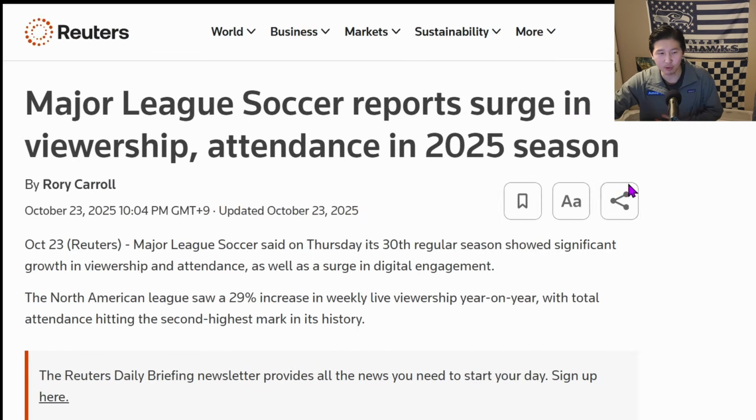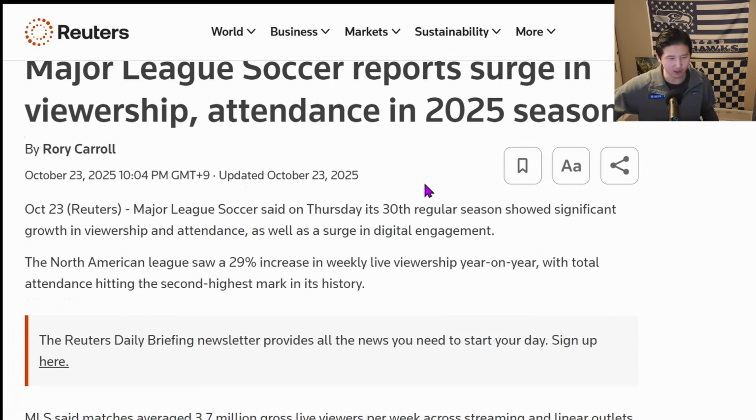What I feel the most bullish about is that Apple holds the exclusive global streaming rights for every Major League Soccer match, MLS. So in the United States, in the pyramid of soccer, the first tier is MLS. So that's where stars like Lionel Messi, Son Heung-min, and Thomas Mueller play. And the reason why I'm so bullish about Apple's partnership with the MLS is, take a look at this article, okay?